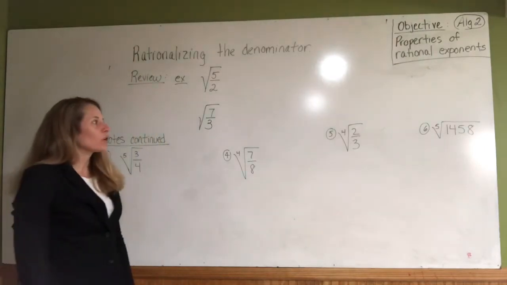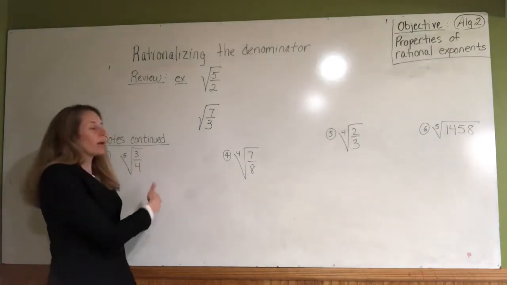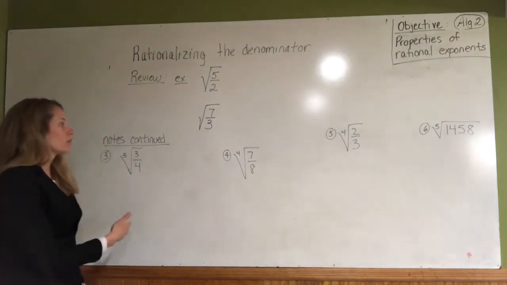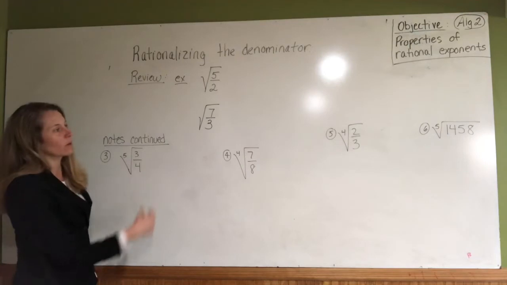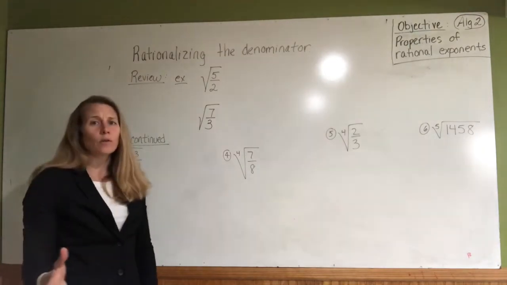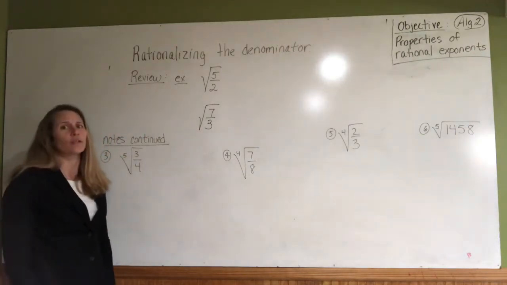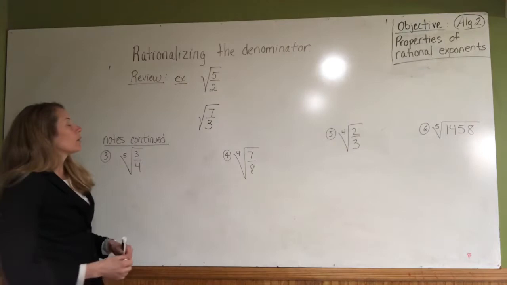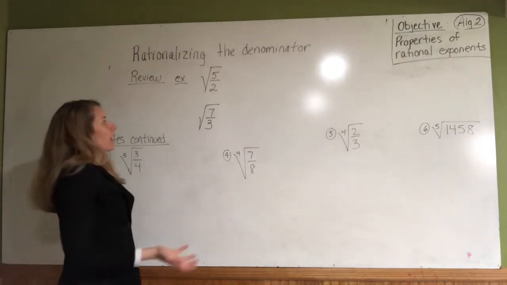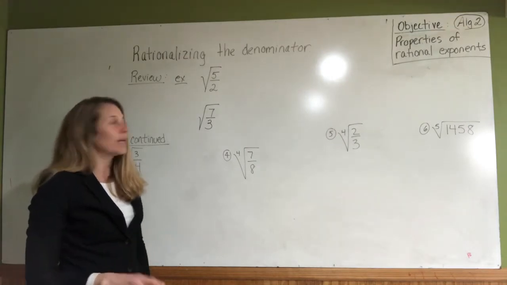Okay, so next we're going to be simplifying some of these radicals that are set up in quotients, and there's also some radicals with 5th root, 4th root, and so forth. So first, before we get into how to simplify these, let's review how to rationalize the denominator with just square roots. Previously, we've learned that with radicals, when we simplify them, we can never leave a radical in the denominator.